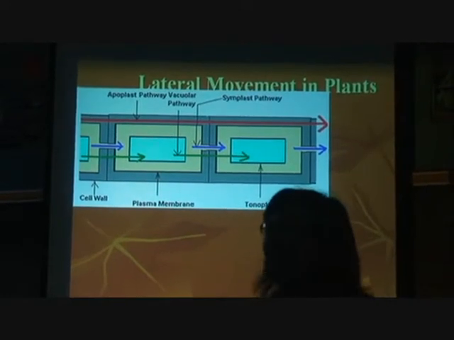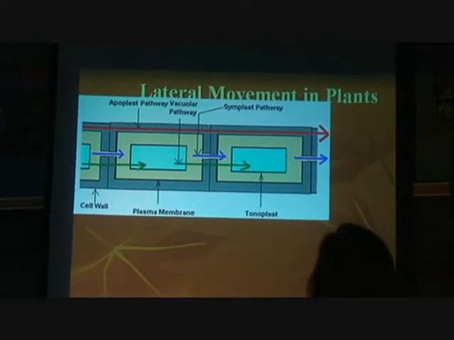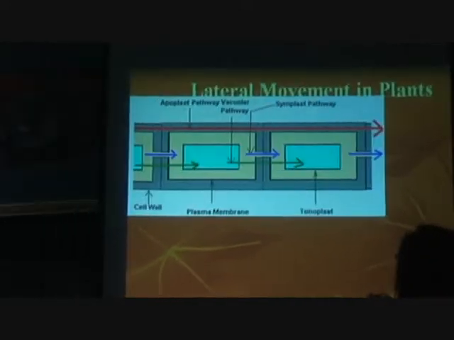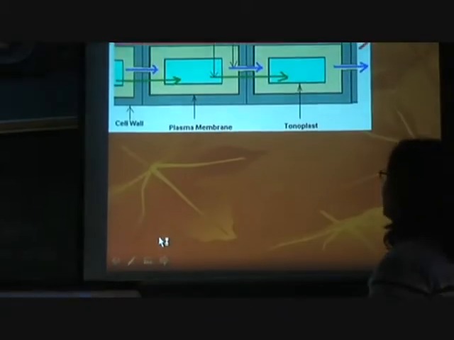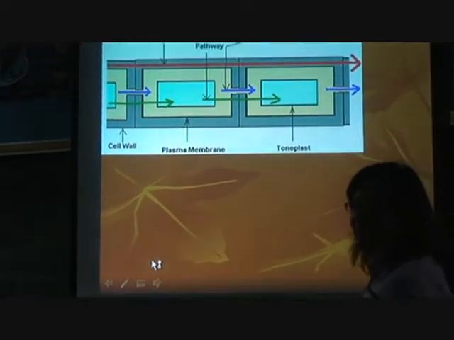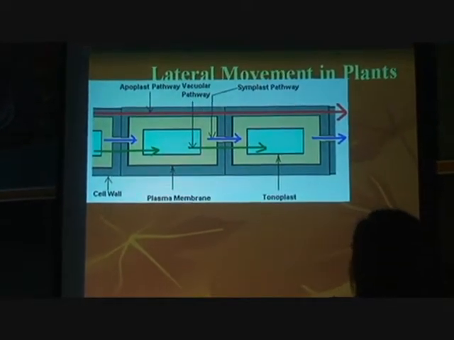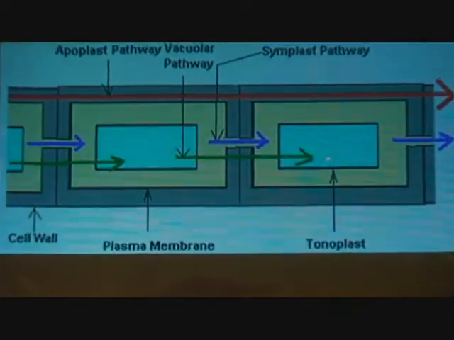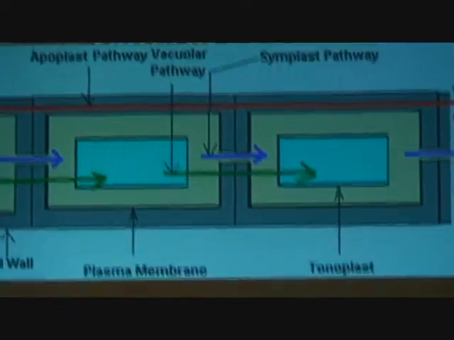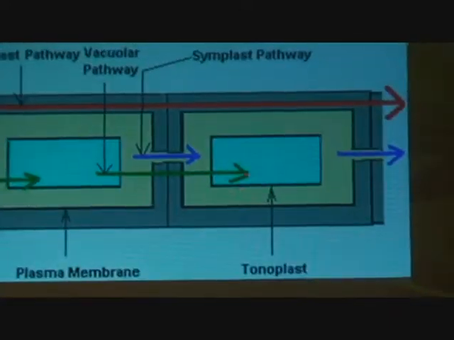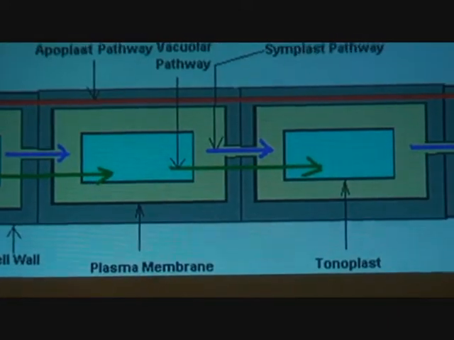Okay? And then the last vocabulary is the compartment created by the vacuole cell membrane, called the tonoplast. Stuff cannot move, obviously, from this vacuole and jump straight into that vacuole. There is no tonoplastic movement. But stuff can move from the symplast into the tonoplast and vice versa.